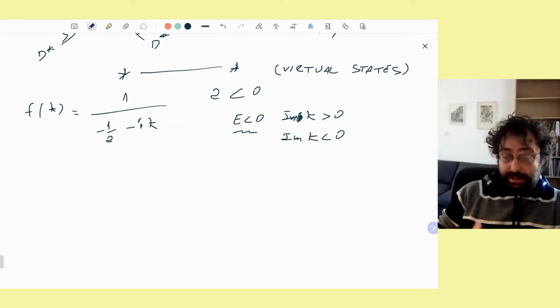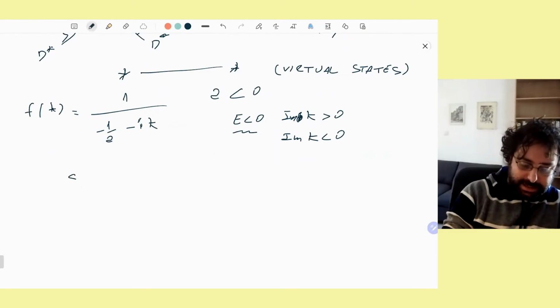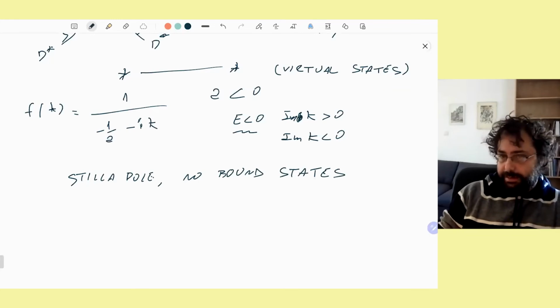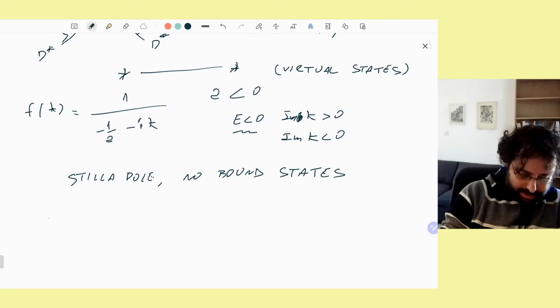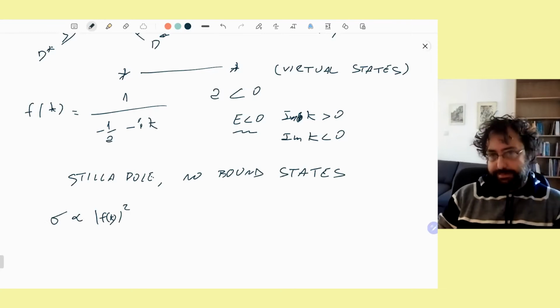But this pole doesn't relate to the existence of bound states. Okay, still a pole, no bound states. But what's the effect of this? Well, when you consider the cross-section, you know that the cross-section of the scattering process is proportional to the modulus of the amplitude squared times a factor.